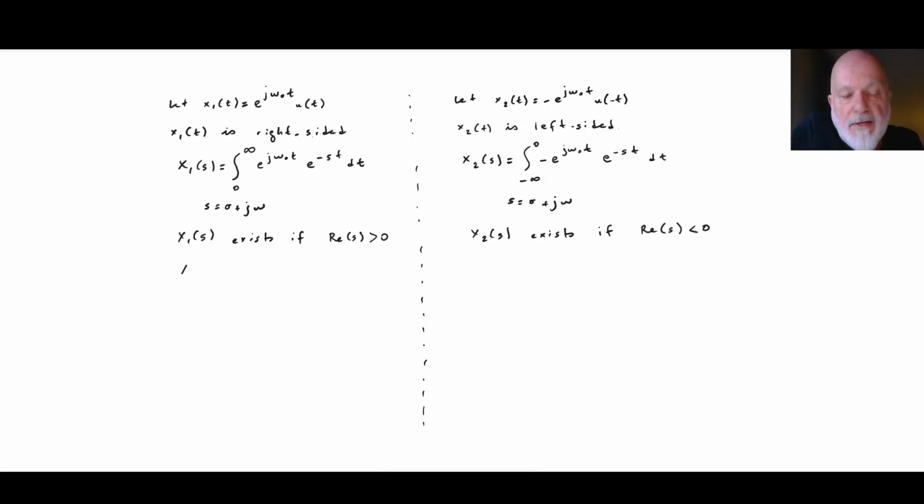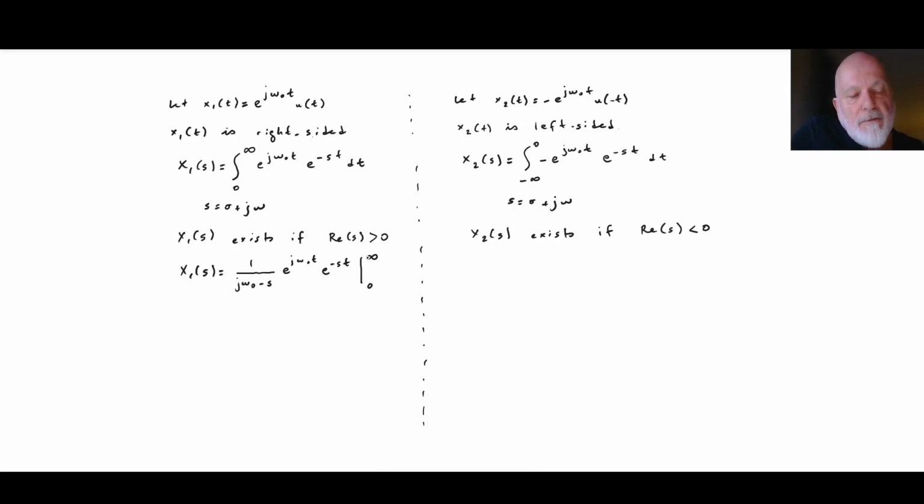And x1 of s will be, therefore, 1 over j omega 0 minus s, e to j omega 0 t e to minus st evaluated at 0 and infinity, the integration limits.